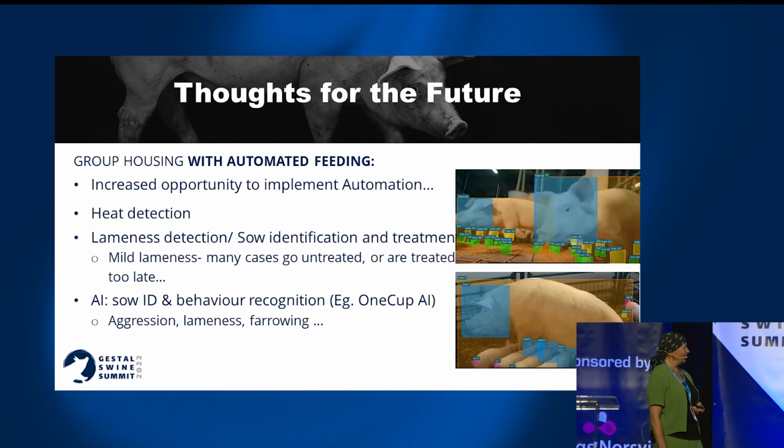So trying to wrap up here, I think the potential for group housing with automated feeding is very, very promising. If we can implement automation for heat detection and lameness detection, if we could identify lameness early and provide treatment, perhaps NSAIDs, and AI, artificial intelligence. We've been working recently with One Cup AI.